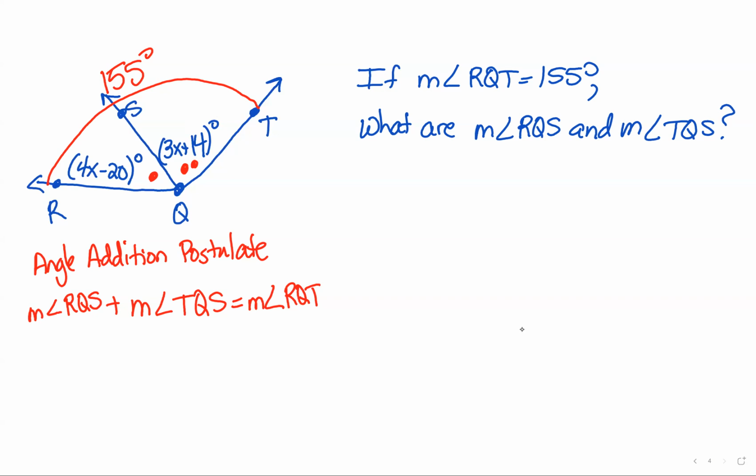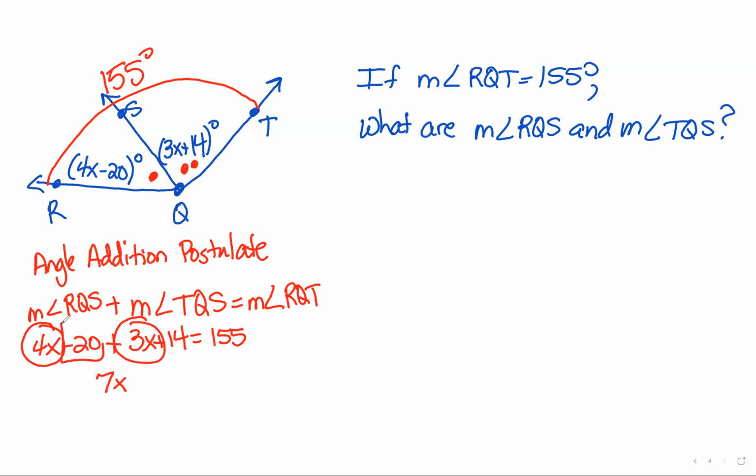So RQS is 4x minus 20. TQS is 3x plus 14. And then the larger angle is 155. So now what we're going to do is combine like terms because we have like terms on the left side. We have 4x plus 3x is 7x.